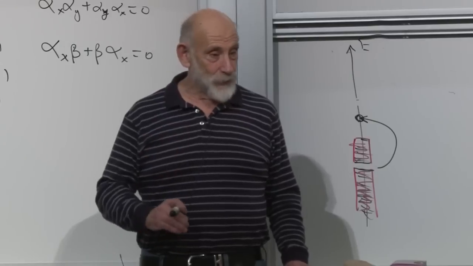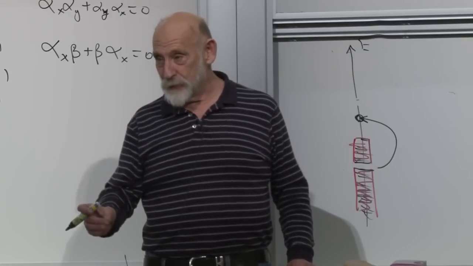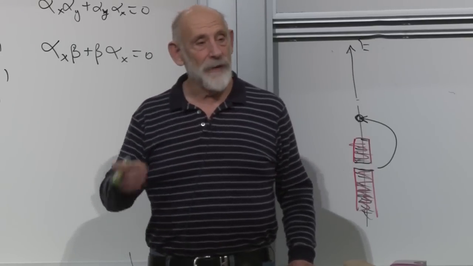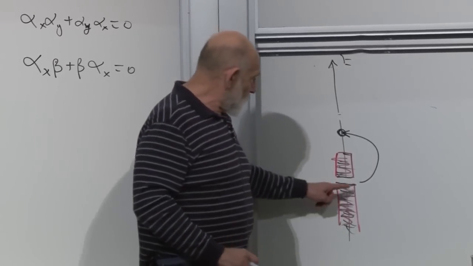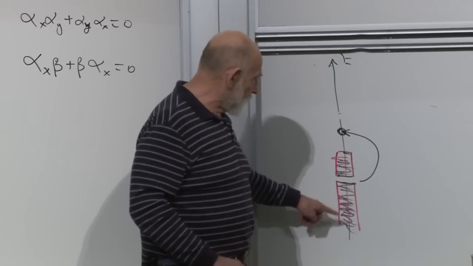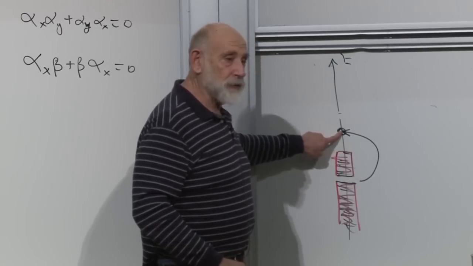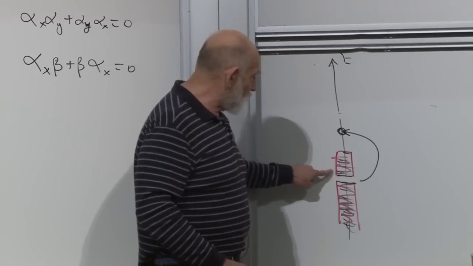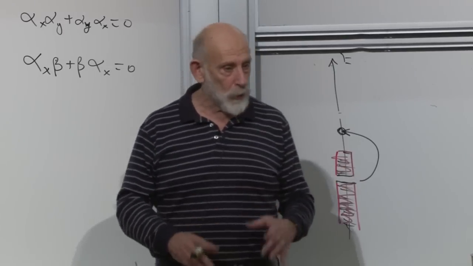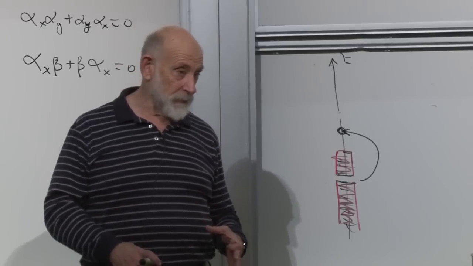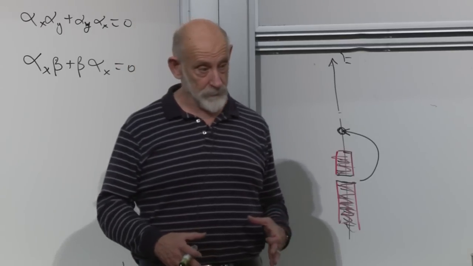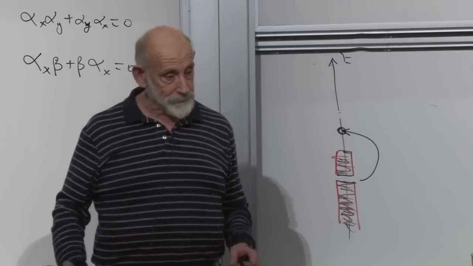Removing a negative energy puts in a positive energy. Removing a negative energy increases the energy. So by removing a particle from here, you put an extra particle here, but you've also created a positive energy hole in the negative energy sea. And that's called a positron. That's called a positron.